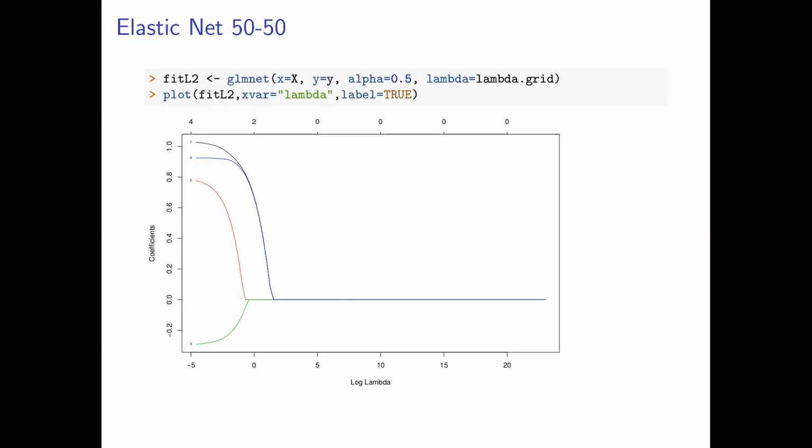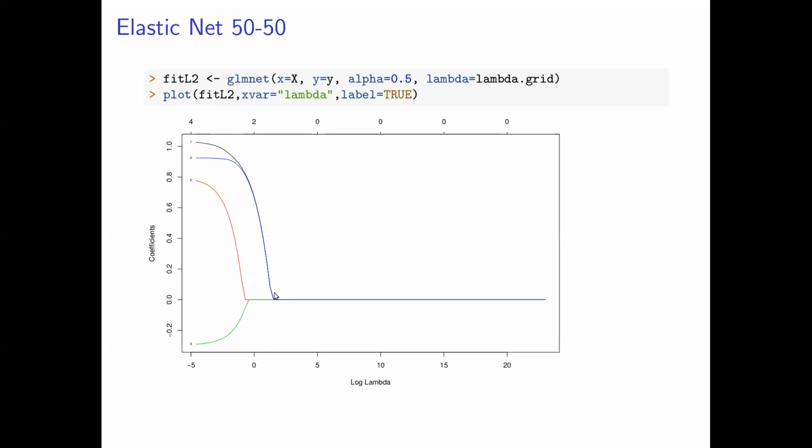Now we wanted to look at elastic nets. So we do alpha 0.5 elastic net, half ridge, half lasso. And we see that this ridge effect here still remains, that the fourth variable still has some influence, although it's starting further away.